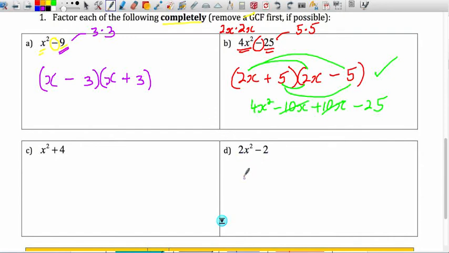In this case it's very clear that the GCF is 2, and if I remove the GCF, then that's the same as dividing each of these terms by 2. I will be left with x squared minus 1.